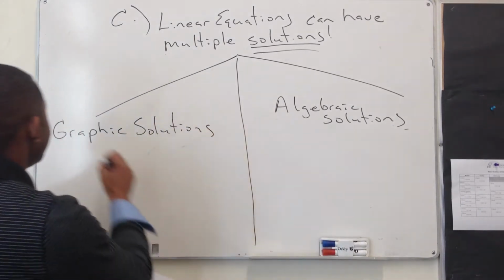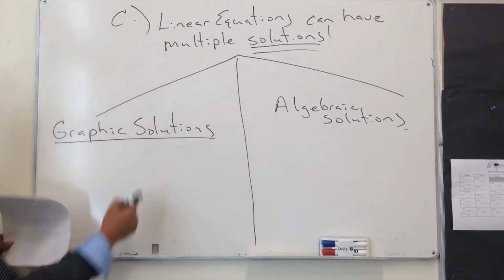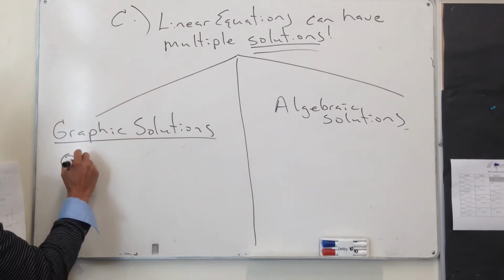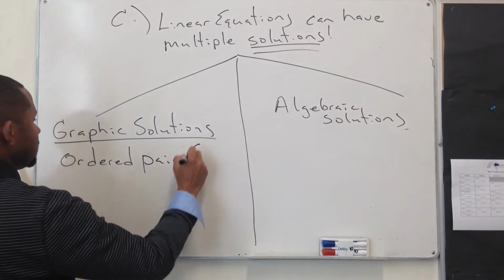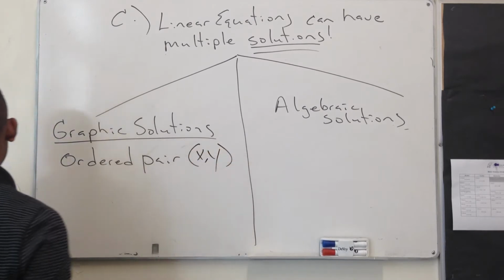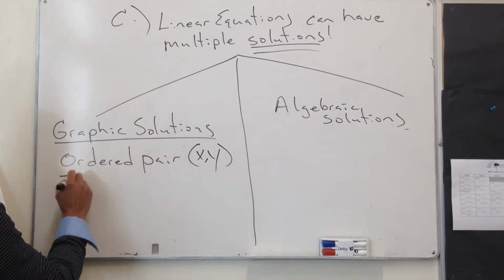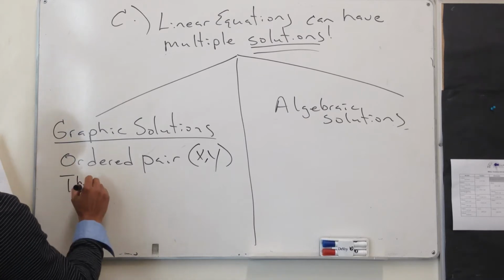First we'll write the definition before we draw. A graphic solution to a linear equation is an ordered pair, a point (x, y). It's an ordered pair that represents a point.